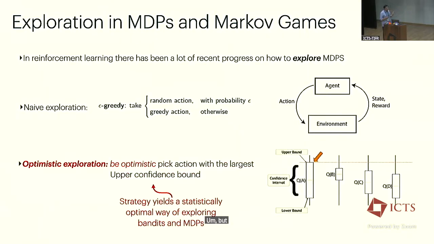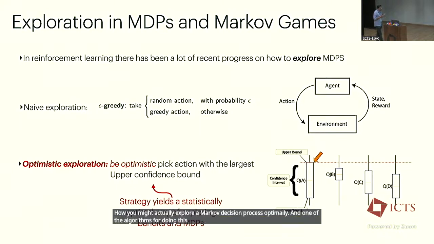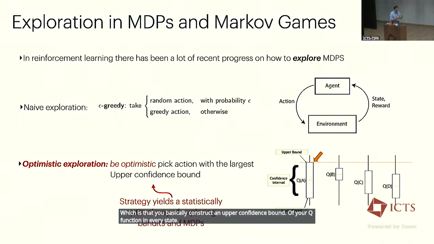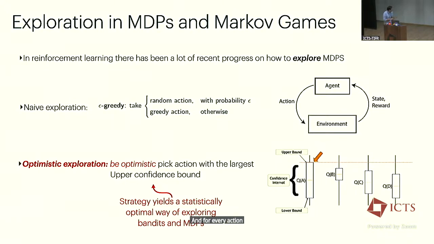But in reinforcement learning, there's been a huge amount of work on how you might explore a Markov decision process optimally. One of the algorithms for doing this is based on the idea of optimism: you construct an upper confidence bound of your Q function in every state and for every action in that state, and then you pick the action with the highest upper confidence bound.